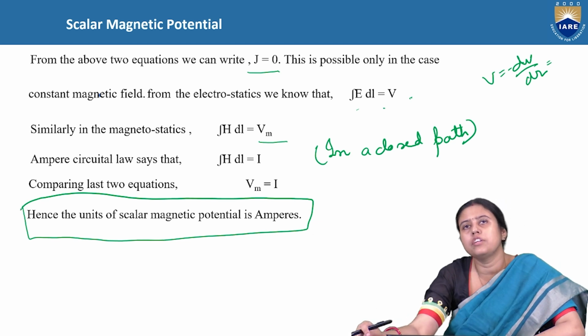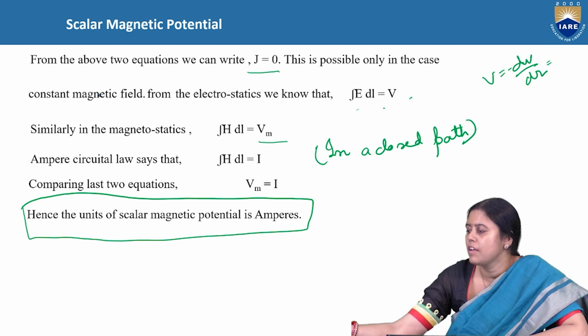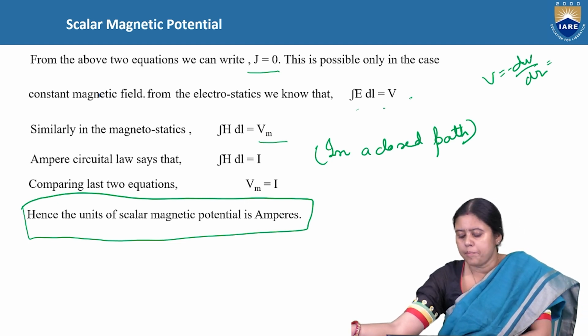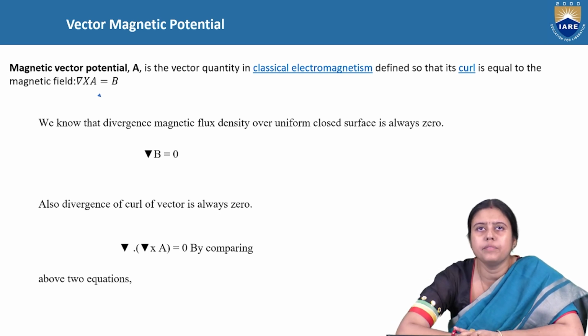Generally, the unit of potential is volt, but here the unit is ampere. After this comes the vector magnetic potential.